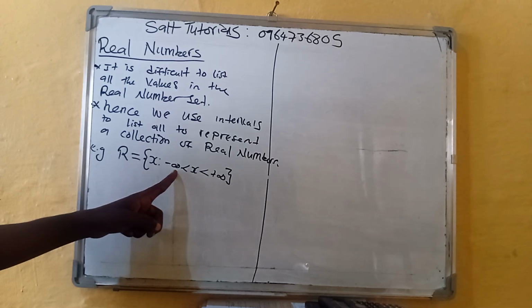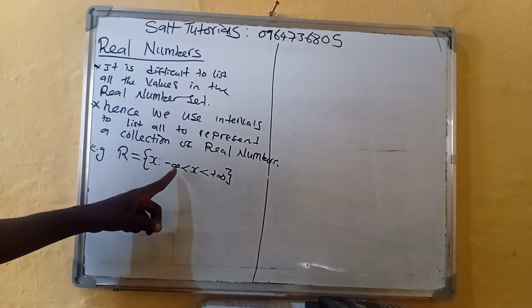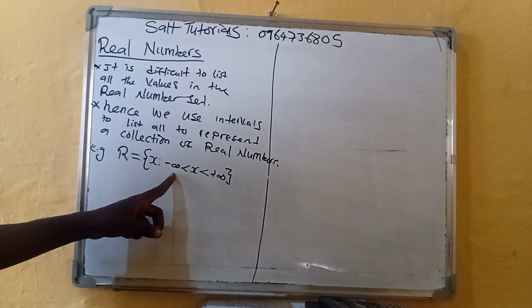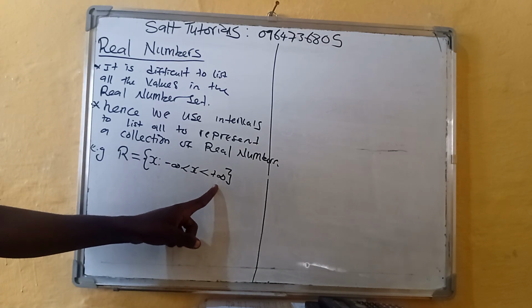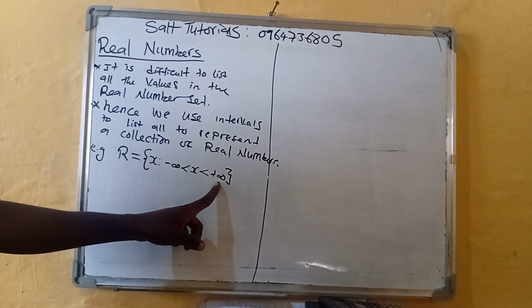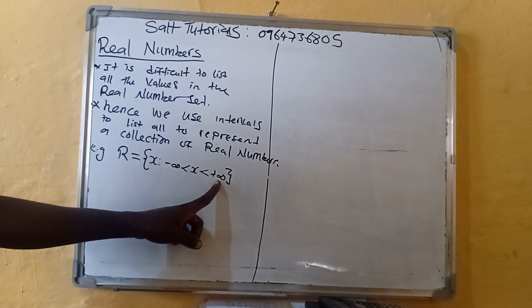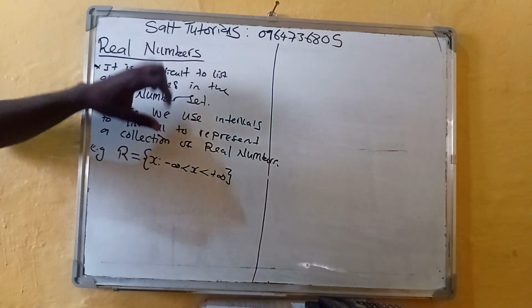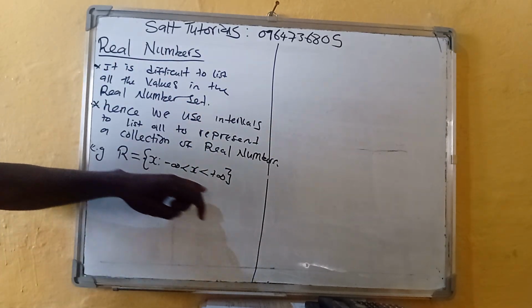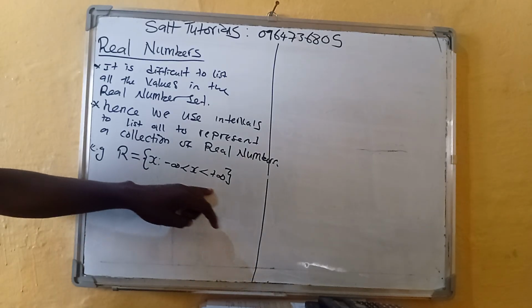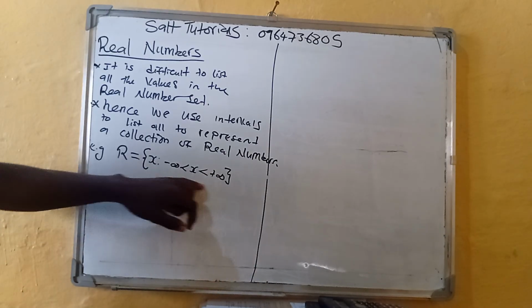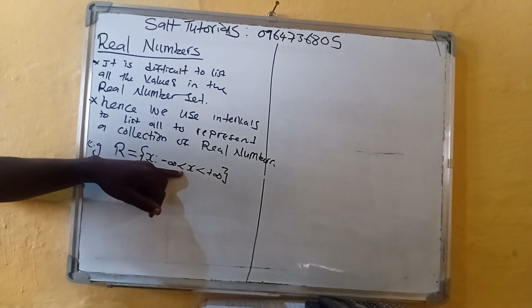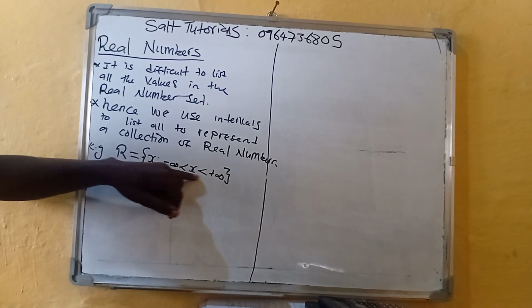Negative infinity represents the smallest value we can think of in the world. Positive infinity represents the highest positive value we can think of. So when we start counting, remember that something real can imply whole numbers, rational numbers, integers, and irrational numbers. Everything is embraced in that interval.